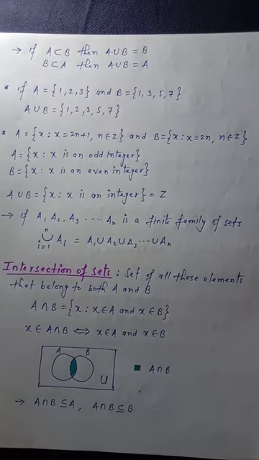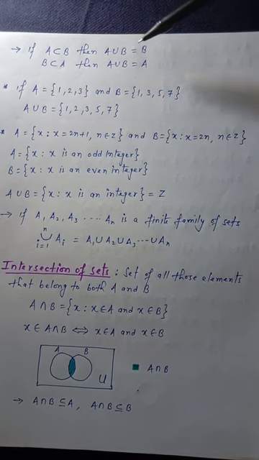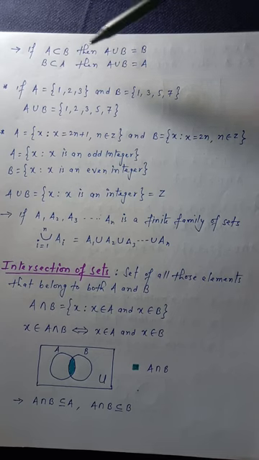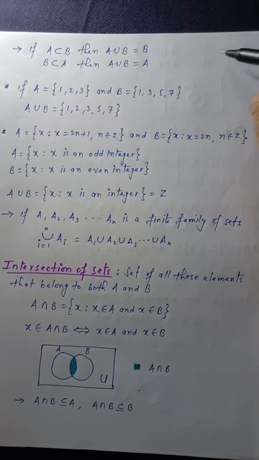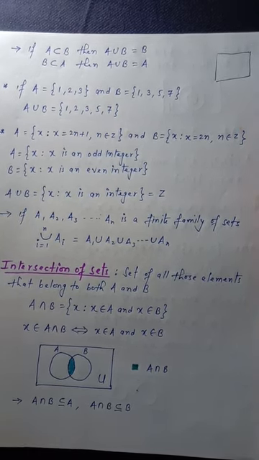And also when A is a subset of B, then what will be A union B? It will be B. Just think about it. When A is a subset of B, then A union B is B. Why is it B? Let's take this rectangular box which is the universal set.